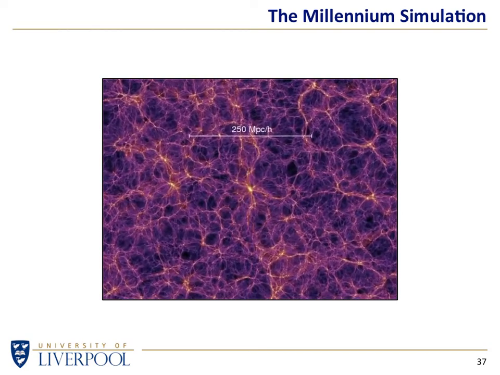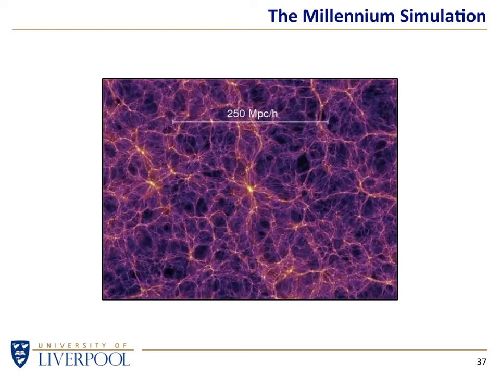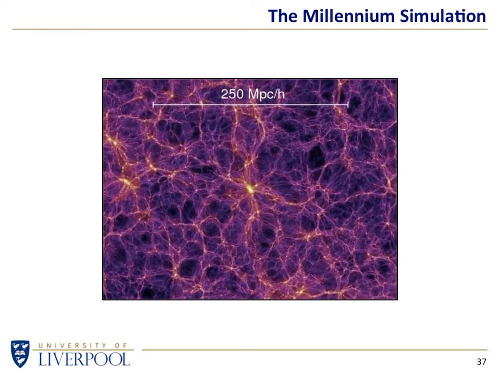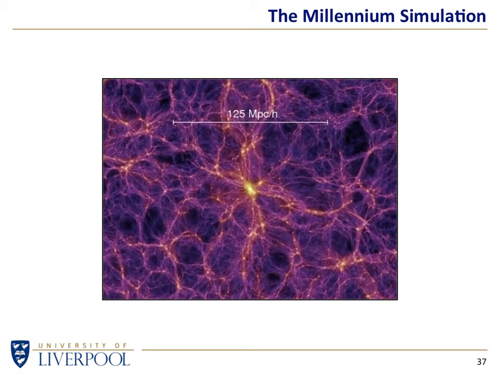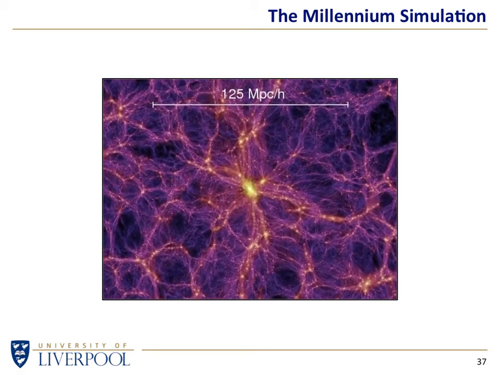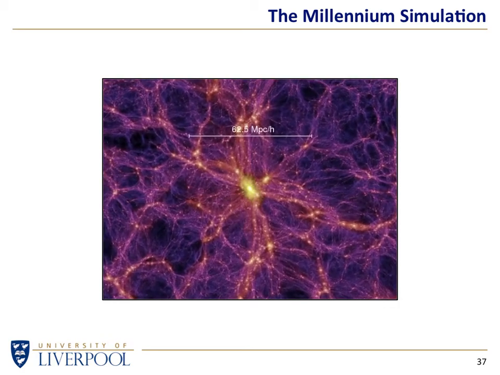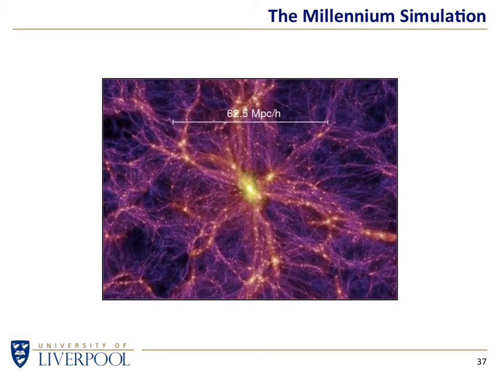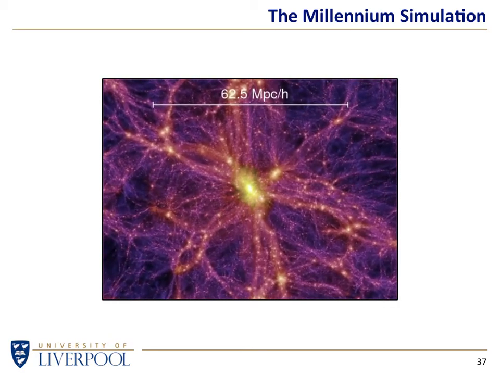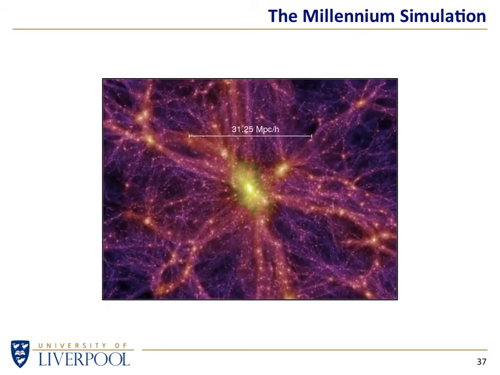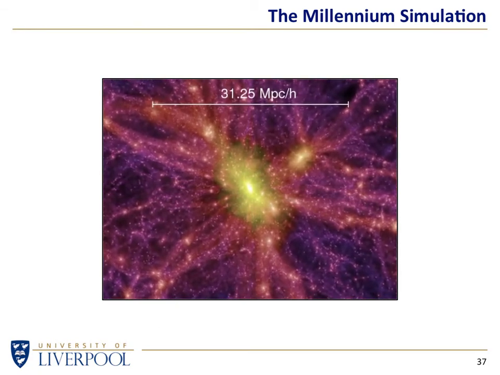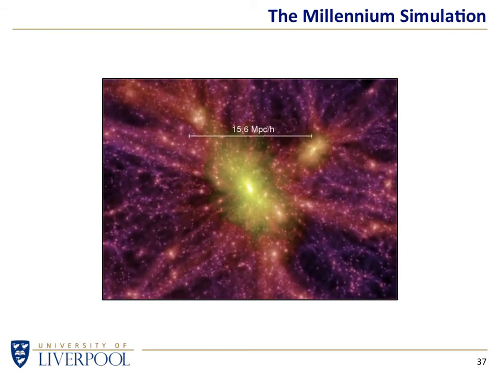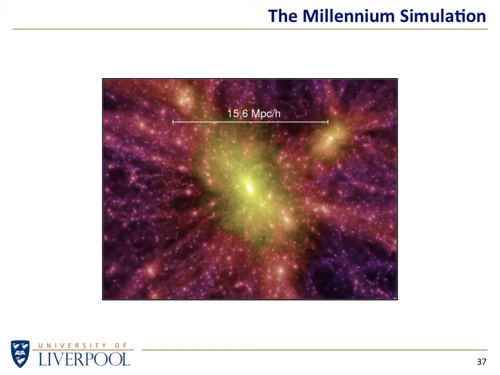Again, we're seeing individual filaments, we're seeing voids in some region, we're seeing filaments joining knots together, and we're zooming into this particular knot, which is a very dense part of the universe, which appears to be an enormous supercluster, and the more we zoom in, the more we can see individual clusters, and eventually perhaps individual galaxies if we zoom in far enough.